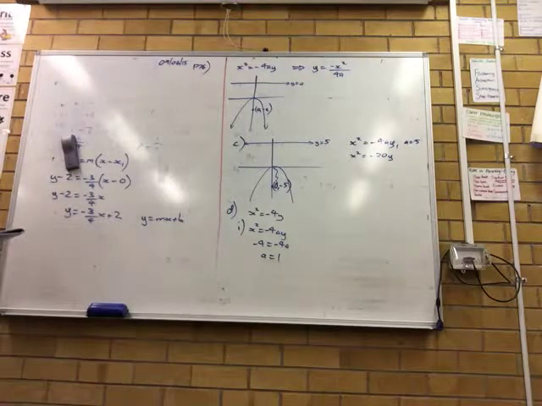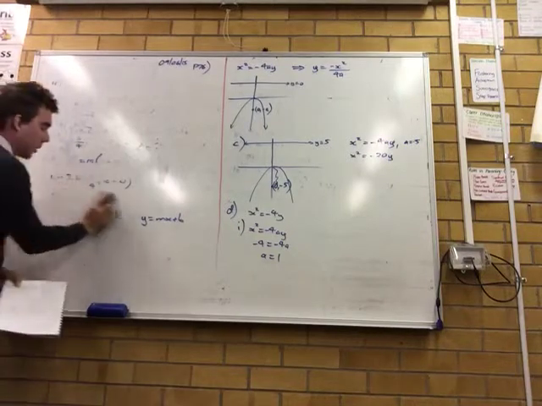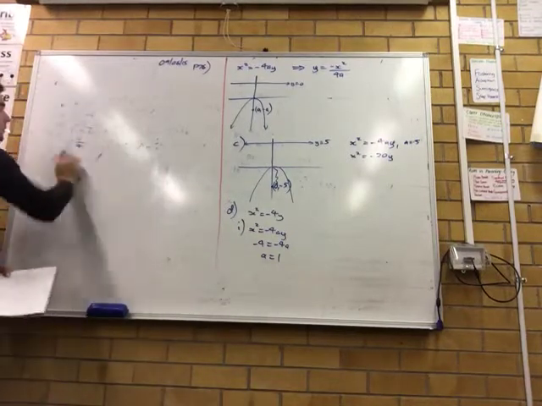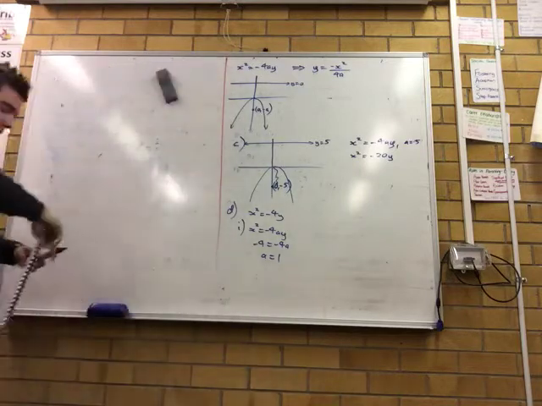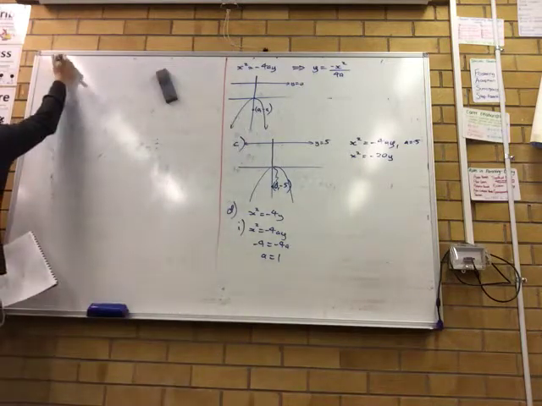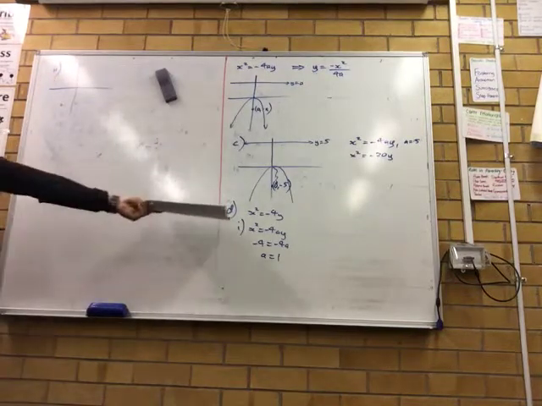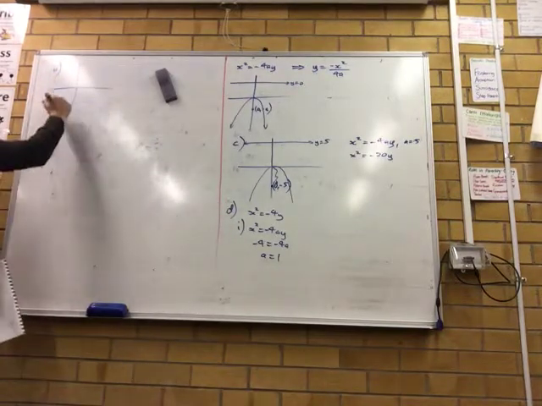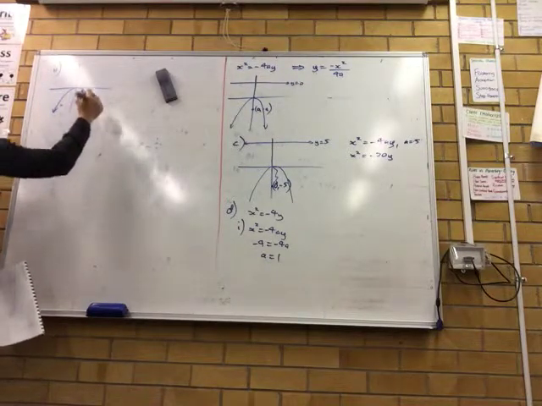Part 2, find the coordinates of the focus, and part 3, find the equation of the directrix. It'll be handy now to do a quick sketch. So you get x squared equals negative 4y. There's your orientation.